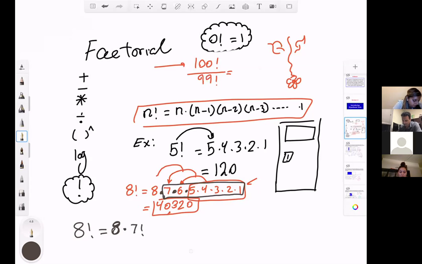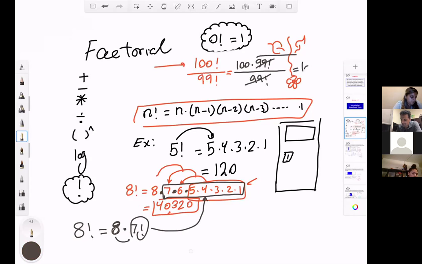It's the same, because 7 factorial will be this, and 8 times that will be 8 factorial. So for 100 factorial, I'm going to say 100 multiplied by 99 factorial. Because if you write it down, we're going to have 99 times 98 times 97, correct? Divided by 99 factorial, this will cancel. The answer is 100. So you should be able to simplify some factorials like this.